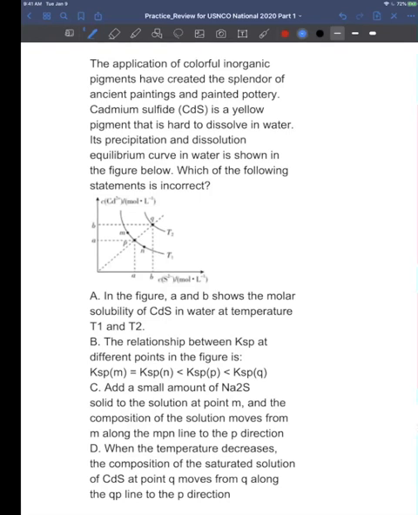Is the font big enough for you to read? The question is asking which one is incorrect, okay?